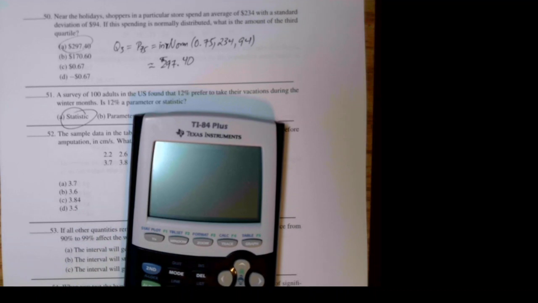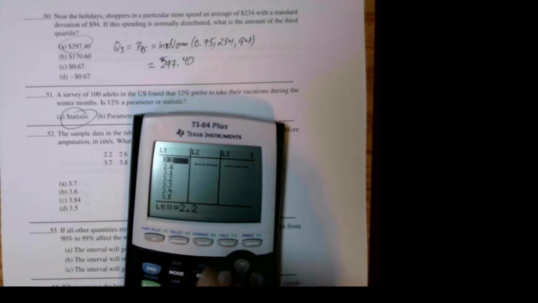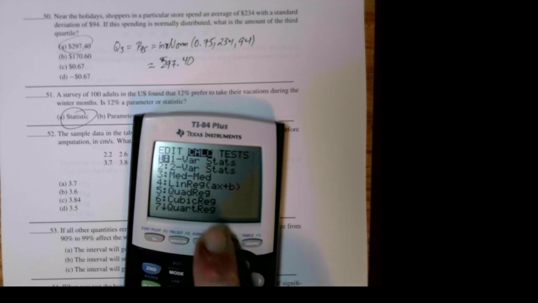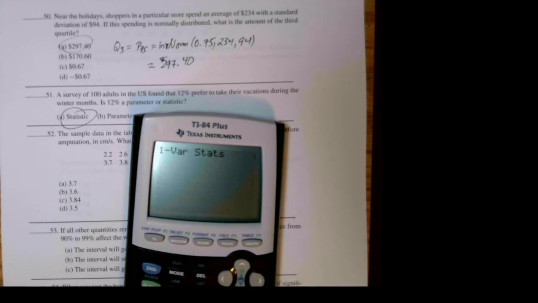Okay, number 52. The sample data in the table below represent running speeds of Tadaran spiders before amputation in centimeters per second. What is the median of this data? Well, you do this in the usual way. You take out your trusty calculator, you go to Stat, Edit, you put the numbers in list L1, and then you go to Stat, Calc, and number 1 there, 1 var stats, and then you have to arrow down.